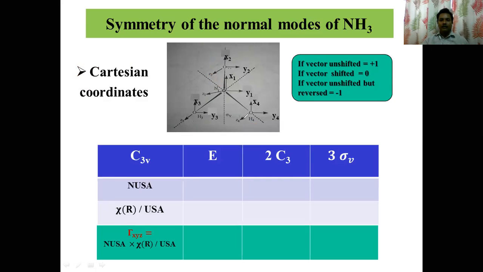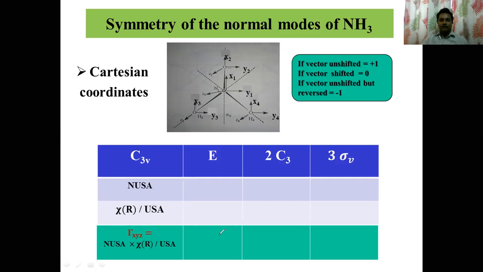And then sum the diagonal elements for each operation. You should get the character, but it is going to get complicated. Therefore, we will use the number of unshifted atoms and the character corresponding to each operation per unshifted atom, and then we multiply to get the total reducible representation, right?